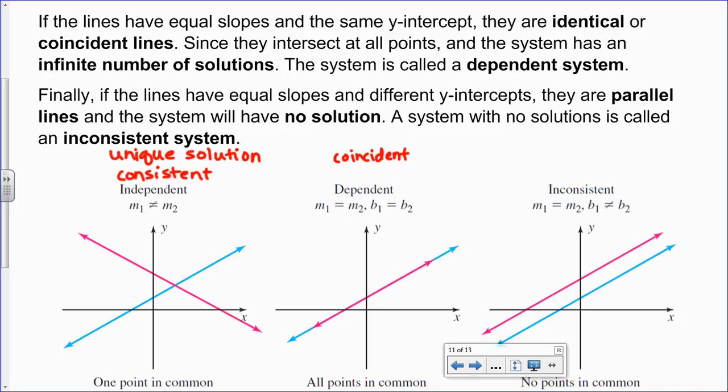So in math, we say coincident. They are also, we say dependent. And they have at least 1 point, 1 solution, so they're also consistent.